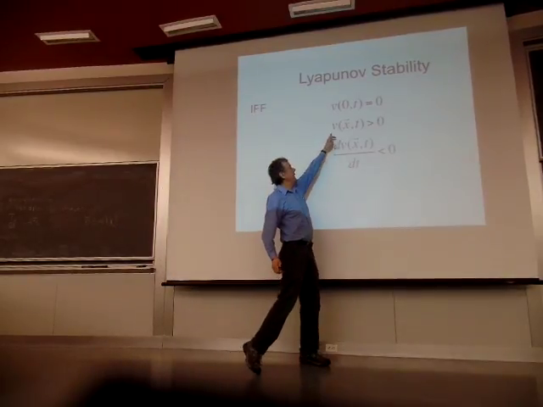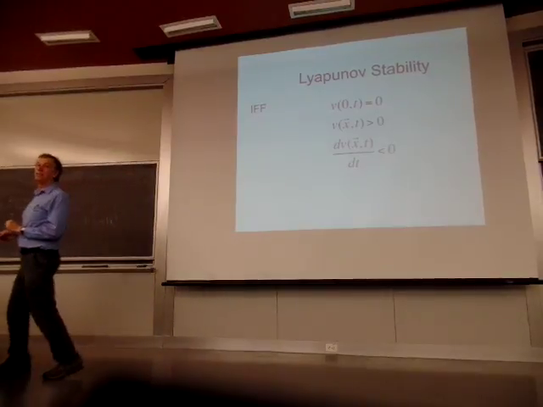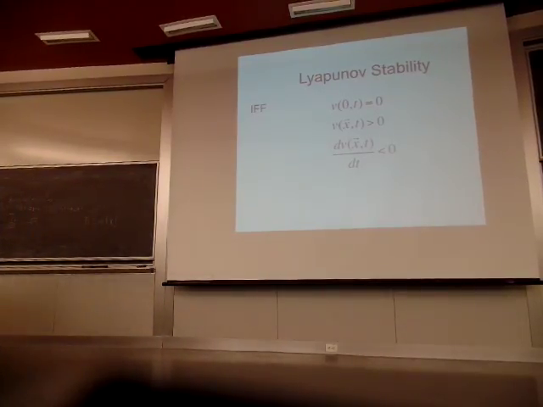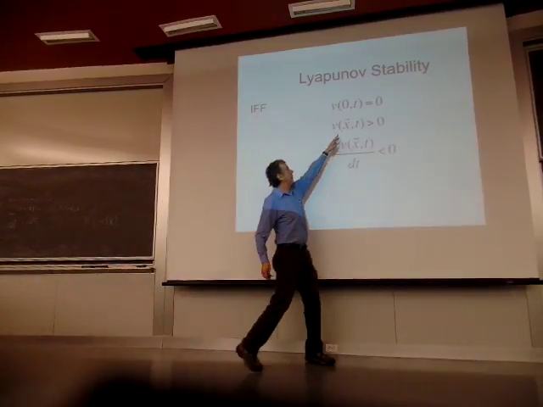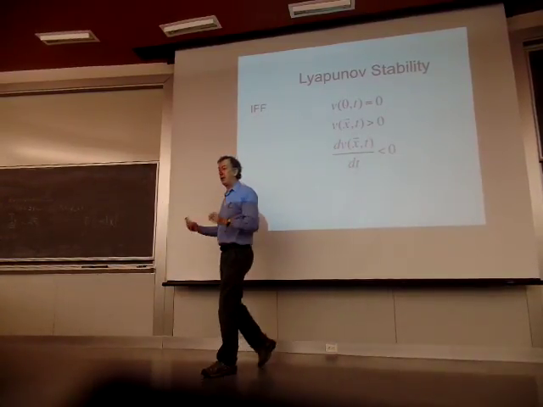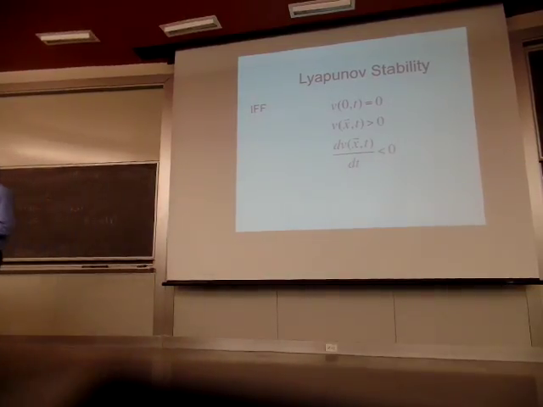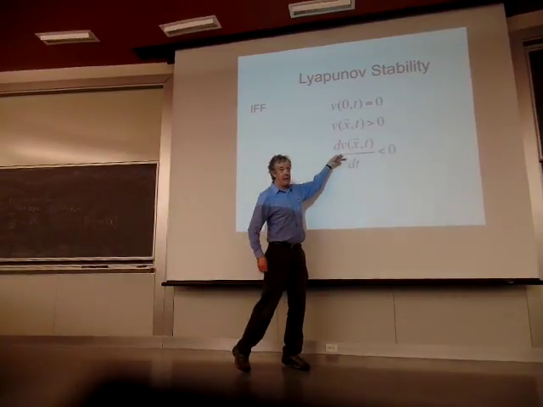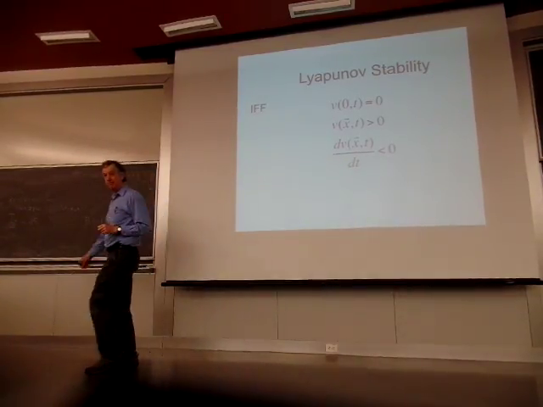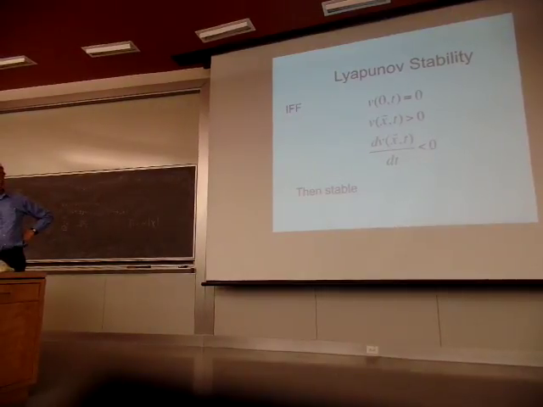And then this Lyapunov function for any state, any time, must be positive. Same as the energy. Kinetic energy is always positive for any velocity, any time. Potential energy, positive for any position, any time. That fits that condition. Then the last one is the derivative of this must be negative, which we'll show energy does. Actually, this is like energy, but it's not necessarily energy. And if all those conditions hold, it's stable.